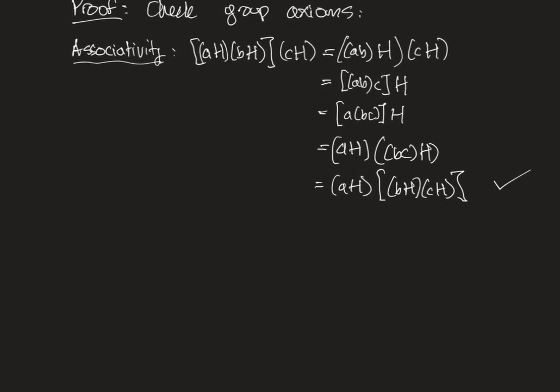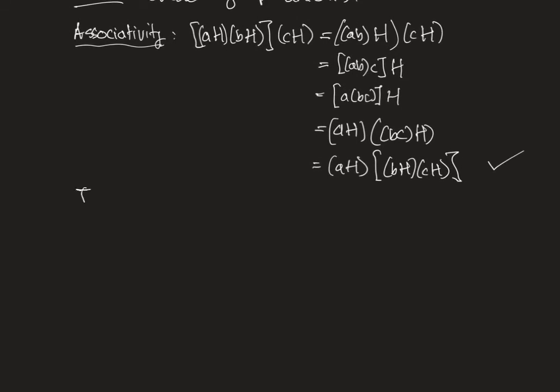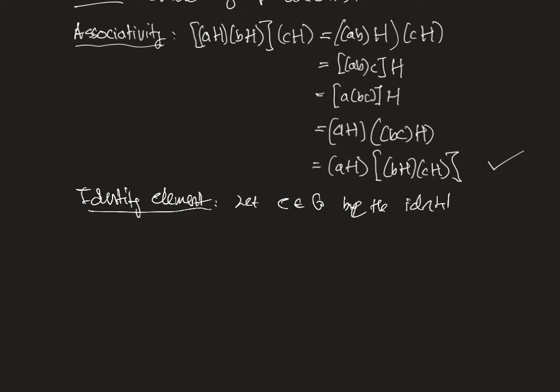Now let's check that there's an identity element. So let e be the identity element in G. Then if we do aH times eH, what we get is aeH, which is aH.